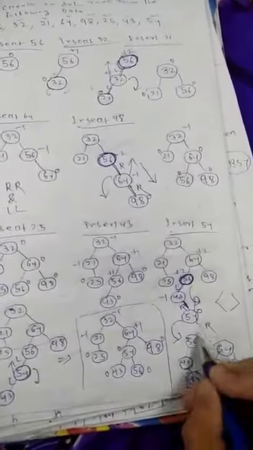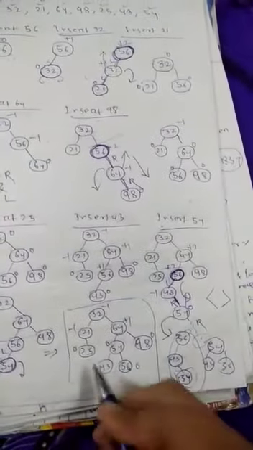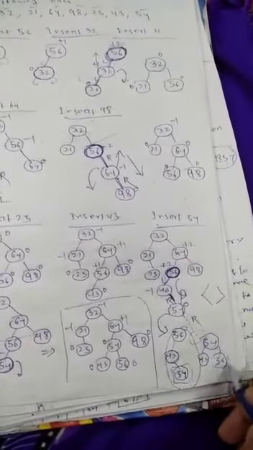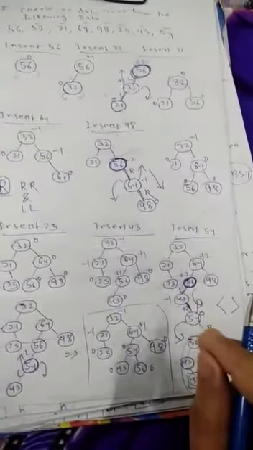If any LR and RL case is there, we have to perform 2 rotations. Then after 2 rotations the middle element goes to the middle, the less element to the left side, and the greater element to the right side. Okay, that is one trick I have given you. So this is your insertion and creating an AVL tree using the rotation.